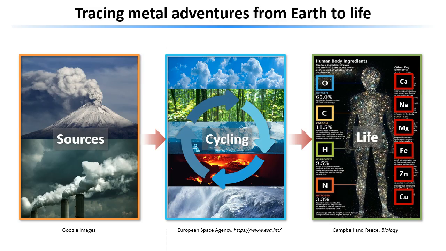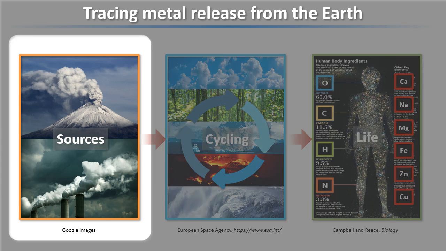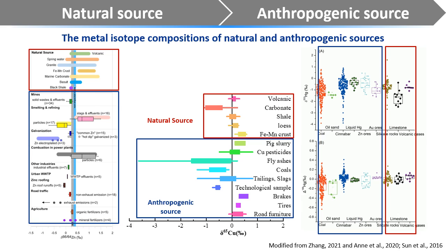Okay, so by now, I hope that you know the sources and cycling of metals in the environment have a direct impact on life. So up next, I will give a brief overview of the sources and the cycling of metals. So first, the source tracing.